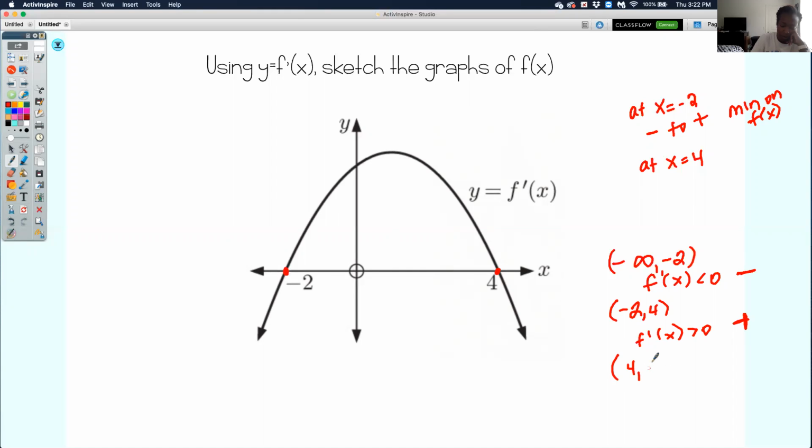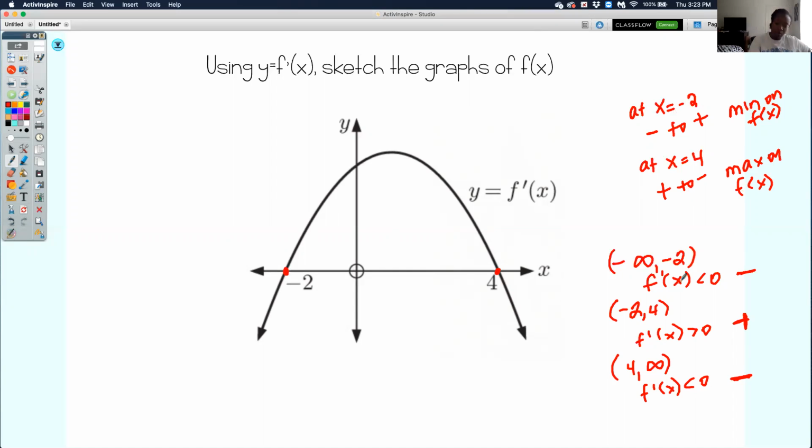From 4 to infinity, the first derivative is less than 0. That means that it's negative. So if we go from positive to negative at x equals 4, we're going to have a maximum on our original function, okay? We're going to have a minimum and a maximum on our original function at these two respective x values.